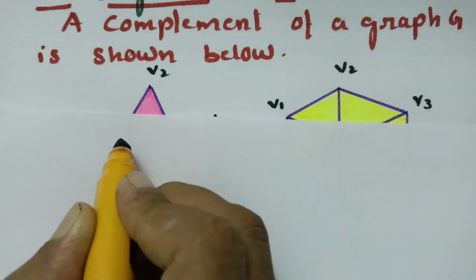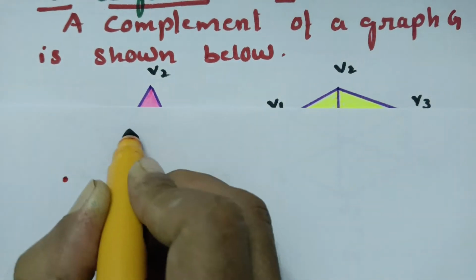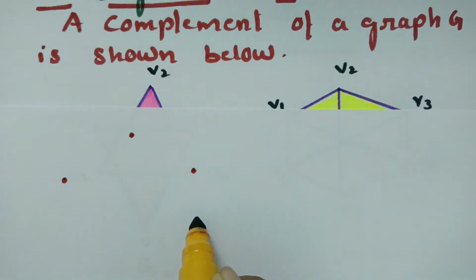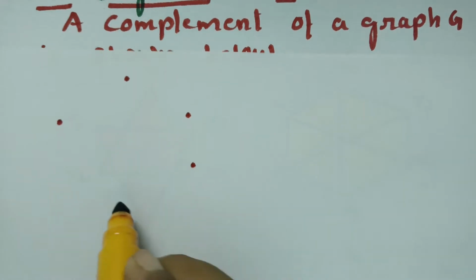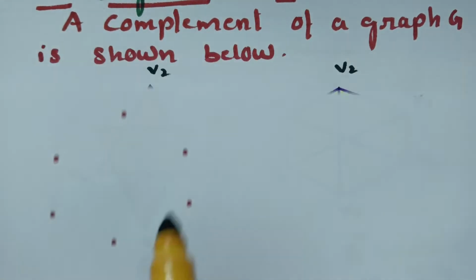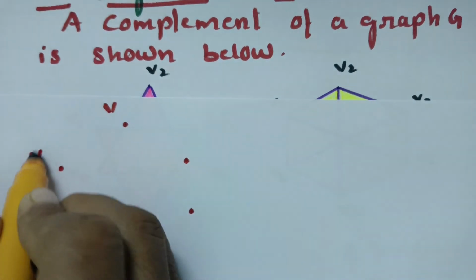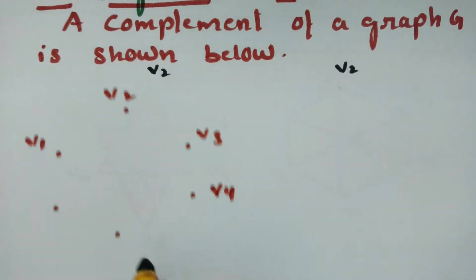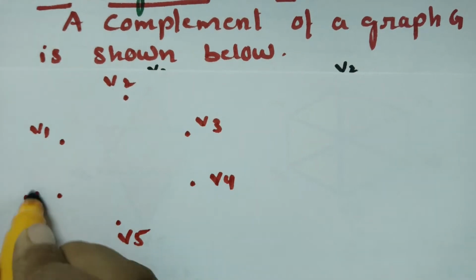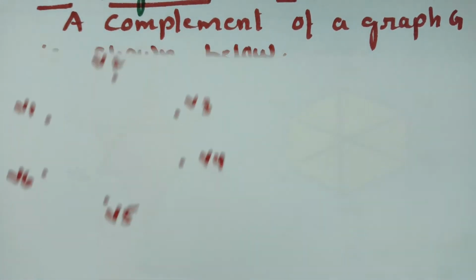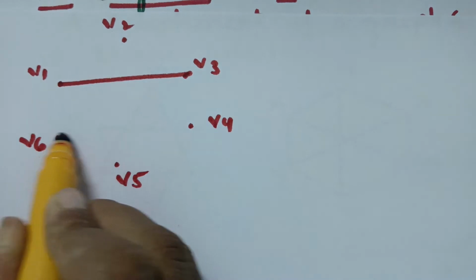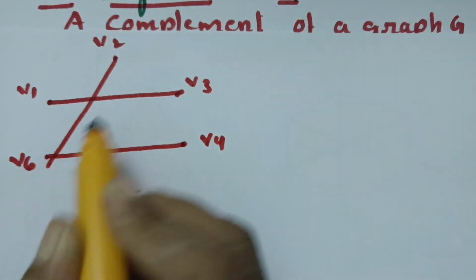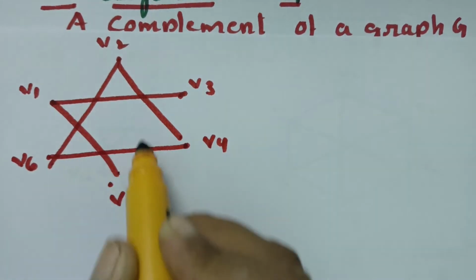This is V1, V2, V3, this is V4, this is V5 and this is V6. And now this is a star. So this one is a star graph.